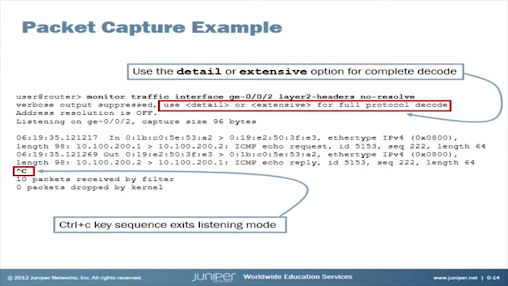So in this case, we are monitoring the traffic on interface ge-0/0/2. We're looking for layer 2 headers, and essentially this is the output of that command. So we're listening, and we're just looking for this information that's coming through.